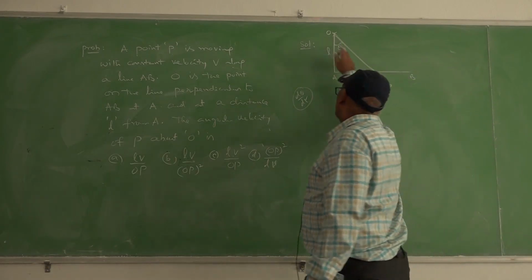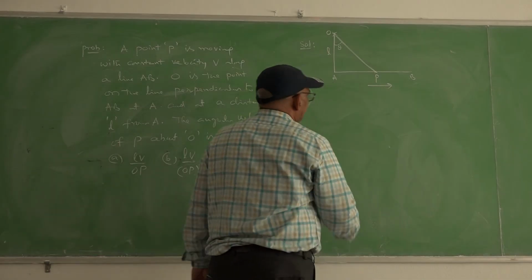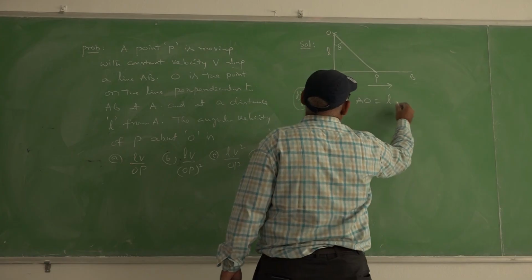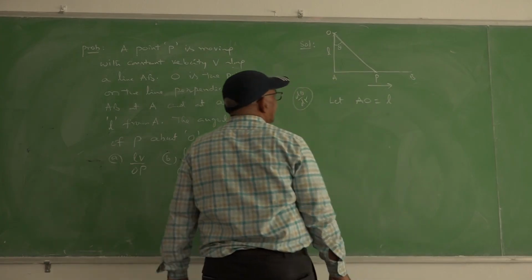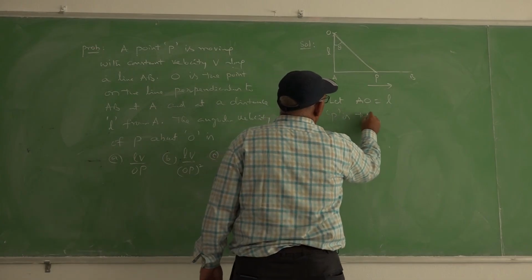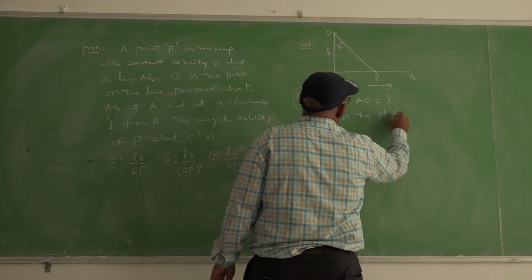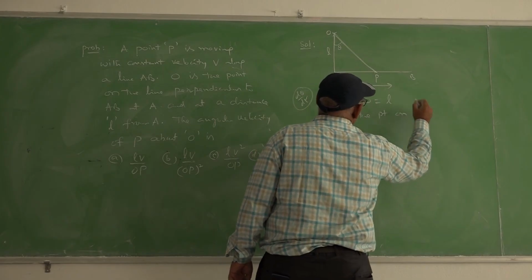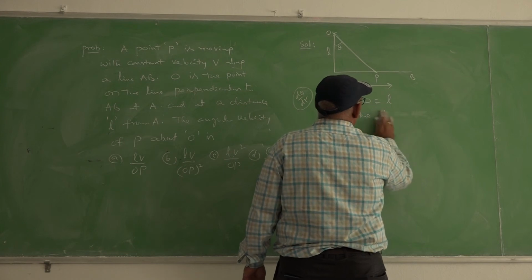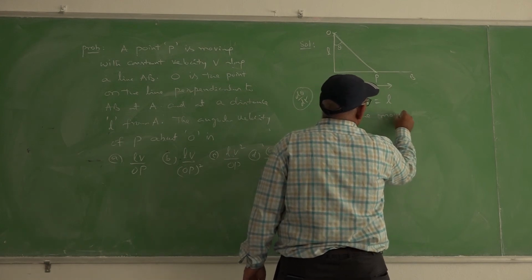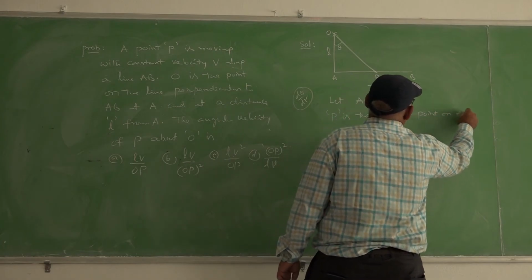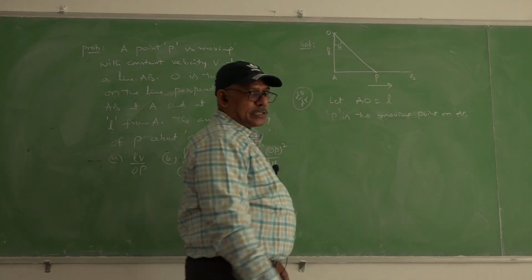Let us suppose angle AOP is theta. Let AO equal L, constant, fixed. This is given. P is a moving point on AB.